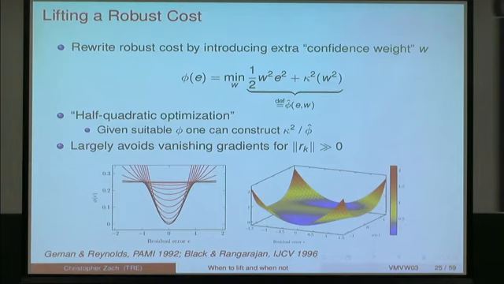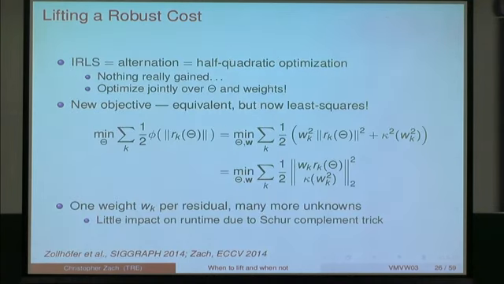You have the vanishing gradient at zero residual, and you have a vanishing gradient for zero confidence. But everywhere else you have some gradients, which motivates choosing to jointly optimize over your unknown fitting parameters that define the residual and this confidence weight, because in almost all cases you have some interesting gradient.